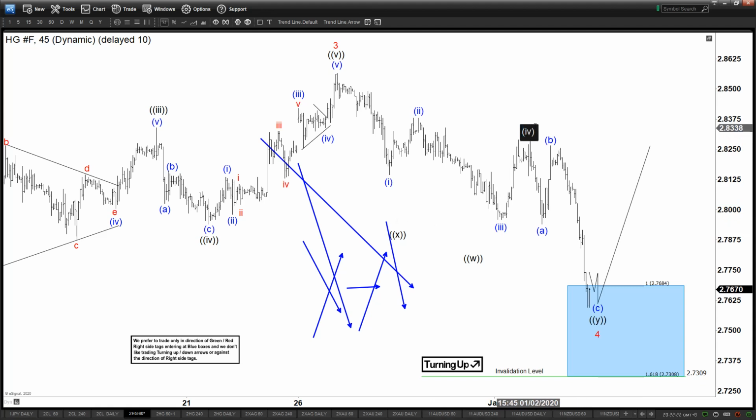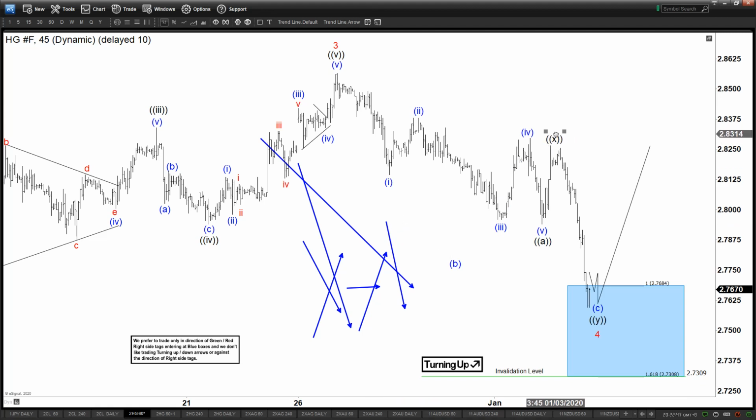But take a look at this 4 and this 2. Distribution wise, it doesn't look nice. This is way too big for a wave 4 comparatively speaking to the wave 2, if you want to label it this way. And that's why the RSI also seems to be confirming that the better count is not like this.